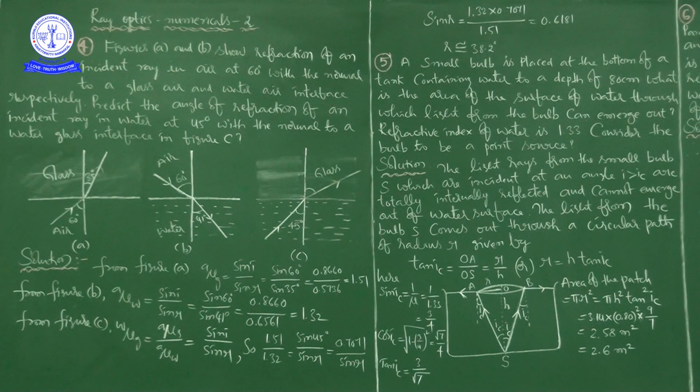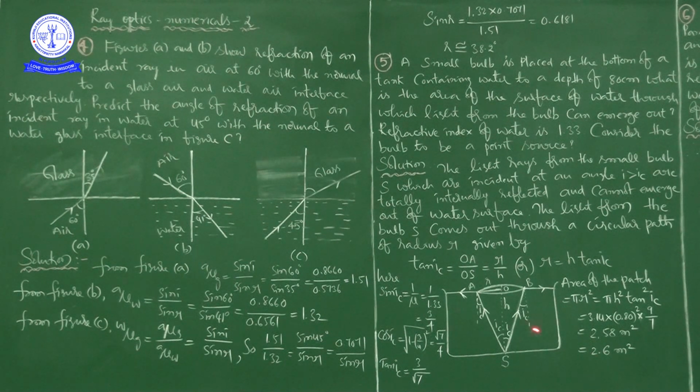So the light rays from the small bulb S, which are incident at an angle i greater than i_c, are totally internally reflected and cannot emerge out of the water surface, right? In the same chapter, ray optics, I explained what is critical angle and what is total internal reflection.